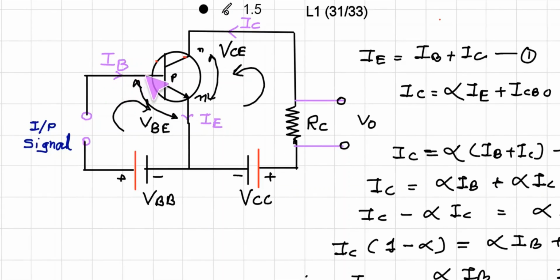So when no current IB is there, in the circuit we see that only this collector and base junction, which is in reverse bias situation, is functioning, and we know that as IB is equal to 0, the current flowing in the circuit is only due to leakage current, and that is ICBO.